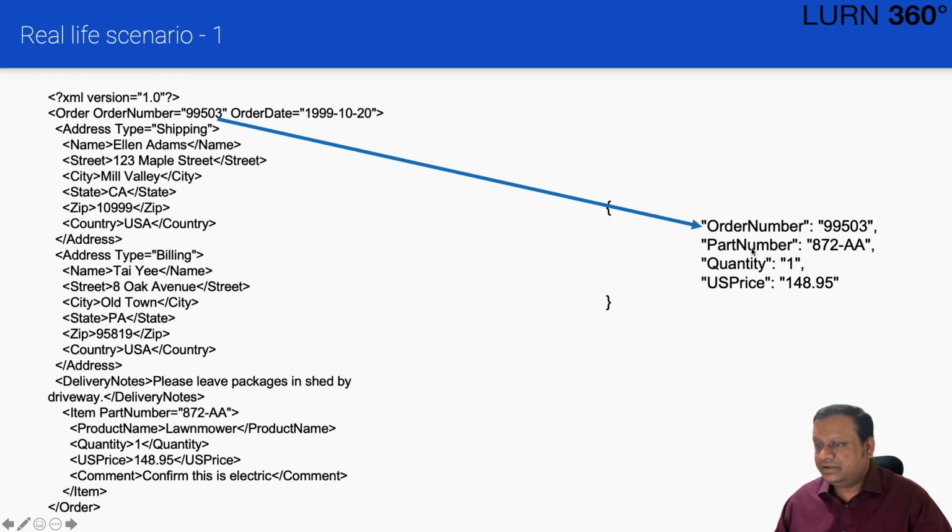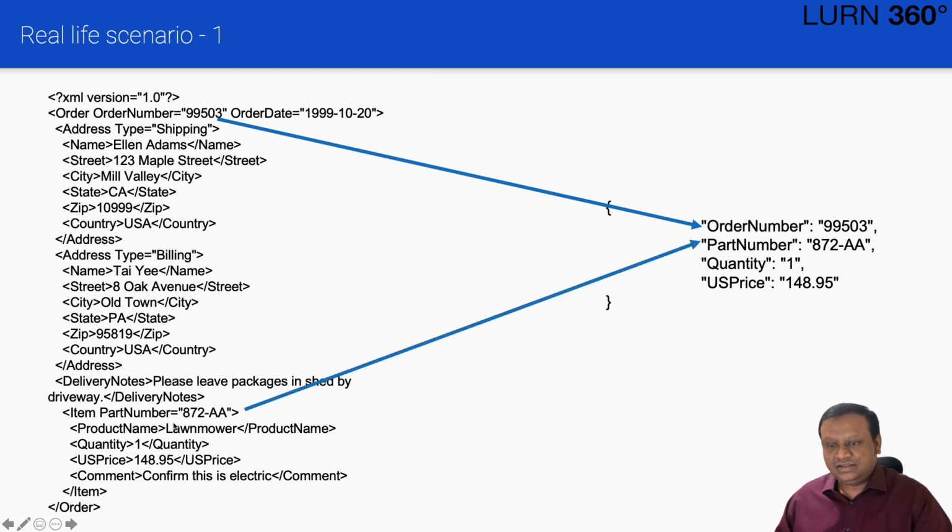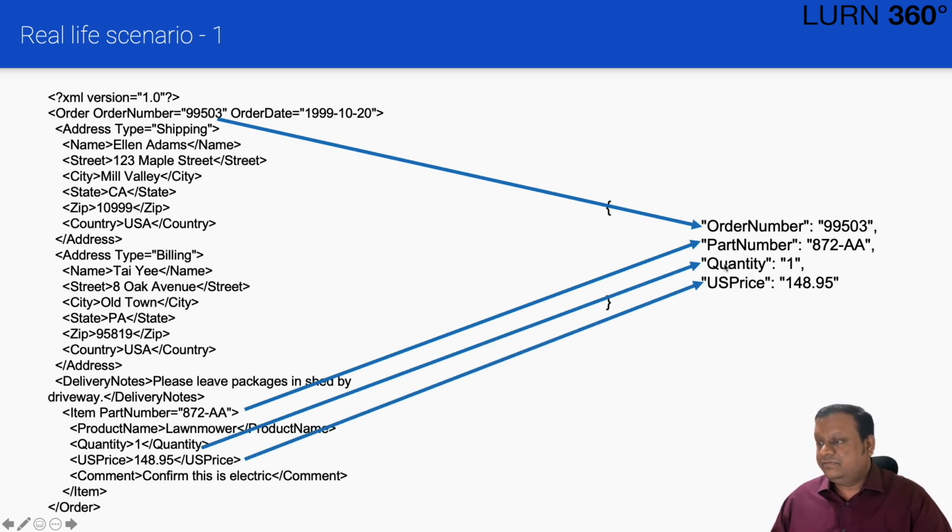The part number is part of this item section at the bottom of this XML. So here is the part number. The third one is the quantity, which is right after the product name. So the quantity would be mapped to this quantity. And the fourth field is US price. Whatever is the price in US dollars for this item would be mapped to this fourth field. So this is how the mapping is going to look like.